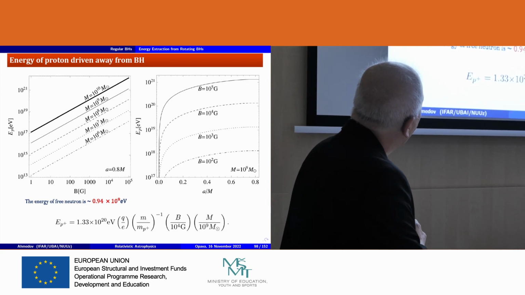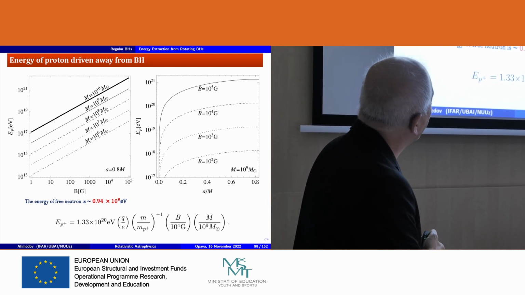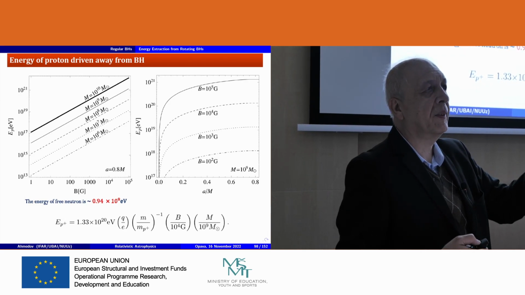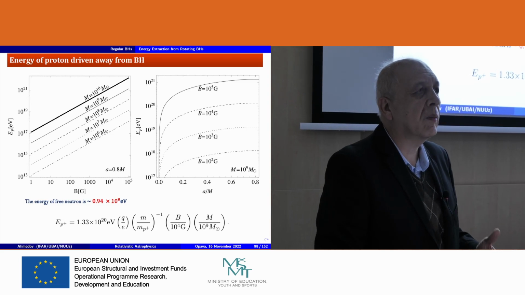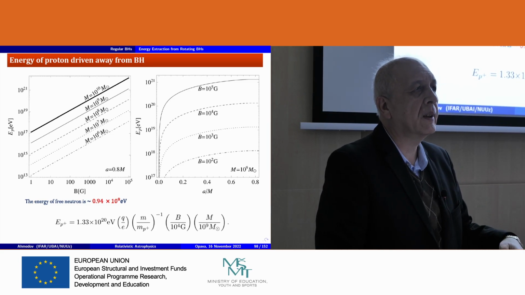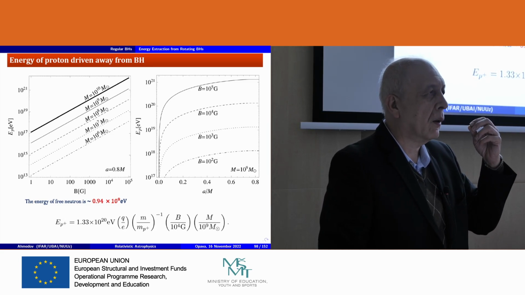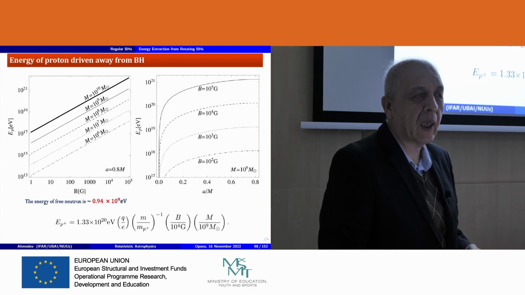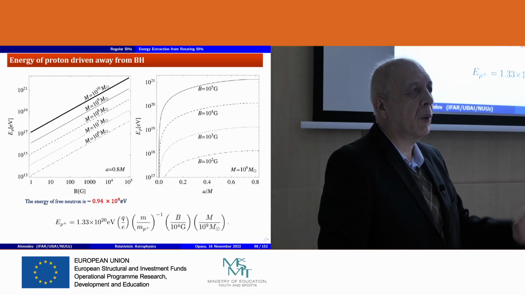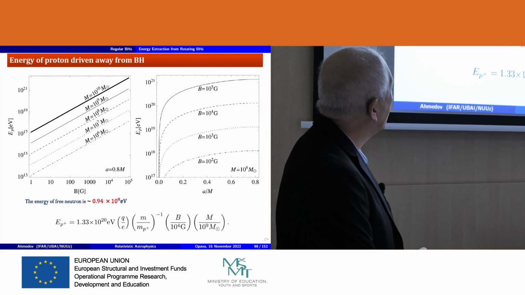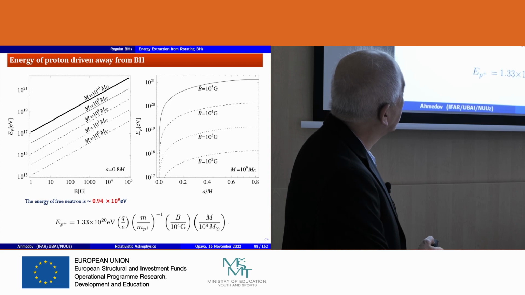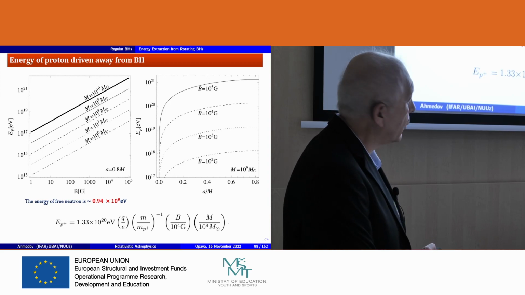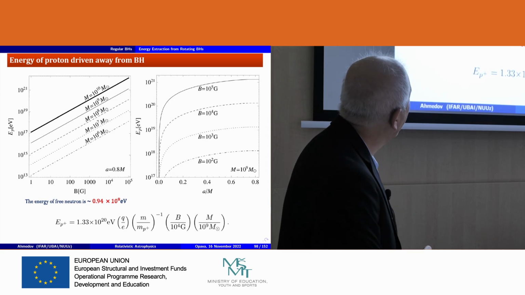And then depending on the mass, the energy changes. Here the horizontal axis shows the ambient magnetic field in Gauss. Usually for a supermassive black hole, this magnetic field is estimated up to 10,000 Gauss, so 10 to the power 4 Gauss. It is the maximum number. Now you can see this is the spin of the black hole, a very reasonable 0.8.